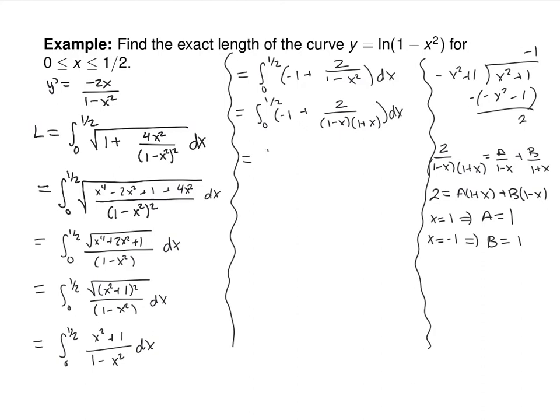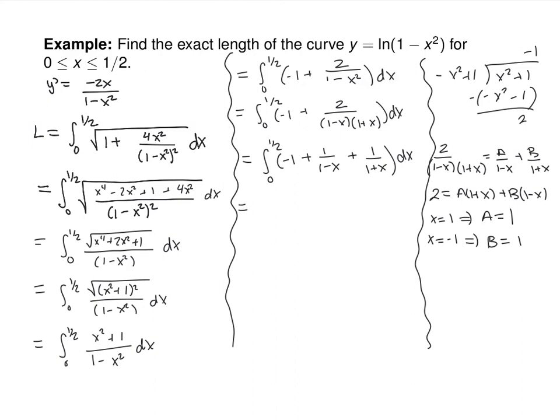So this gives us the integral from 0 to a half of negative 1 plus 1 over 1 minus x plus 1 over 1 plus x dx. And that's something we can actually handle.